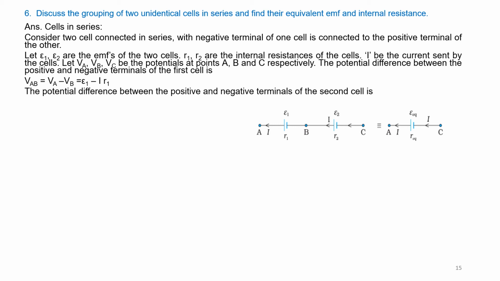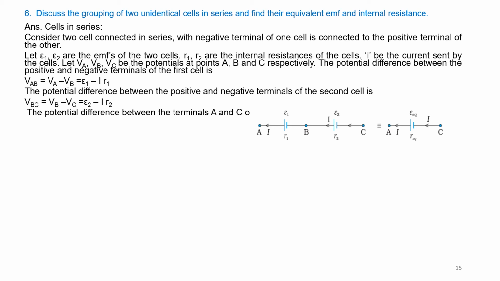Similarly, the potential difference between positive and negative of the second cell, that is between B and C, VBC is equal to VB minus VC, that is equal to E2 minus I into R2, because current is flowing from negative to positive.